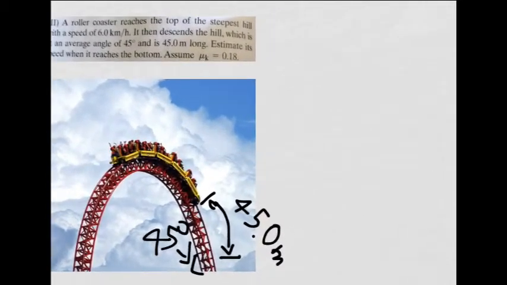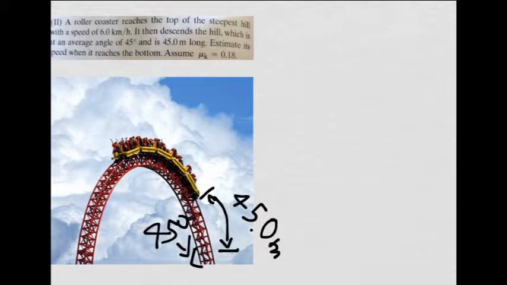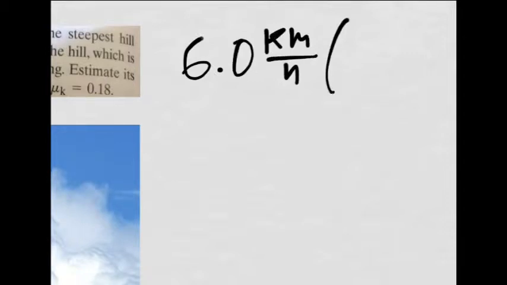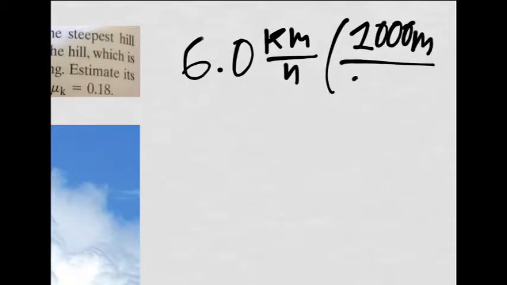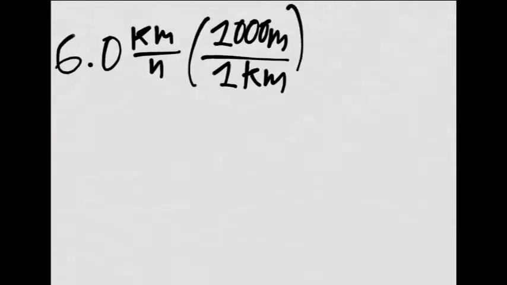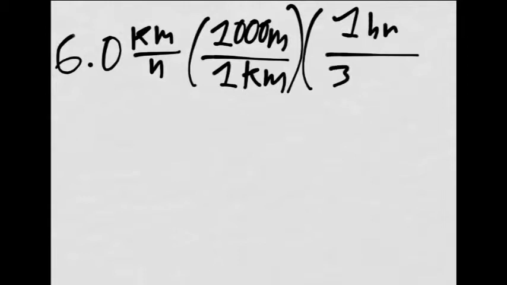First, let's convert that kilometers per hour to meters per second. So let's go up here, convert it up here. 6.0 kilometers per hour times 1,000 meters over 1 kilometer times 1 hour over 3,600 seconds.